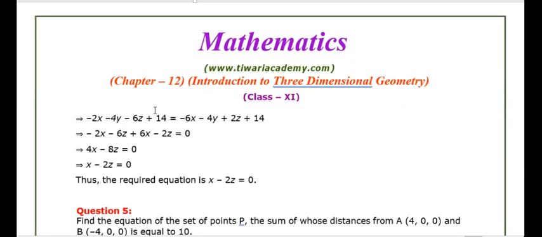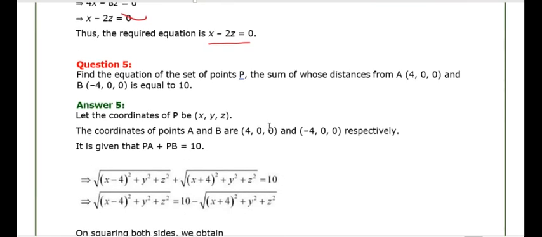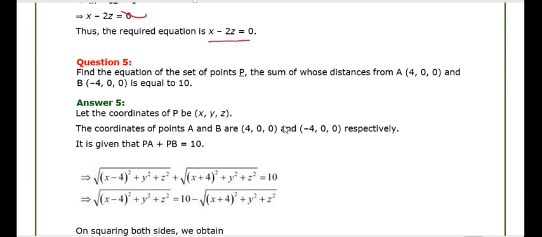Simplify and that is your answer. So you will get one equation or relation between x, y and z, and unfortunately here y is not there, but no problem. This is the required equation. Okay, and this is the most important question.